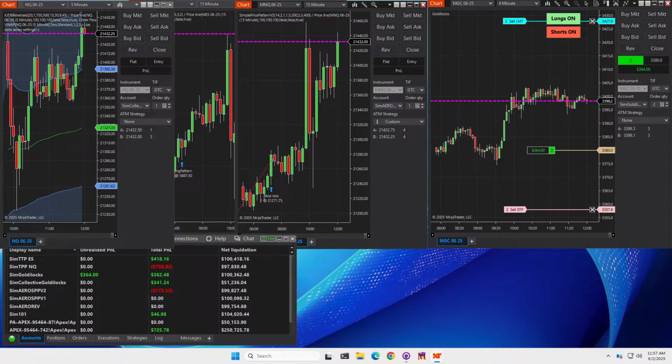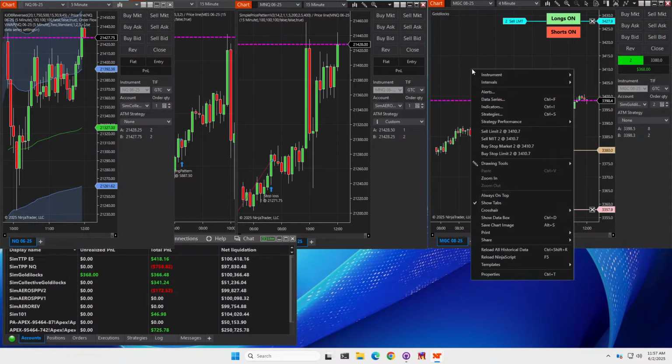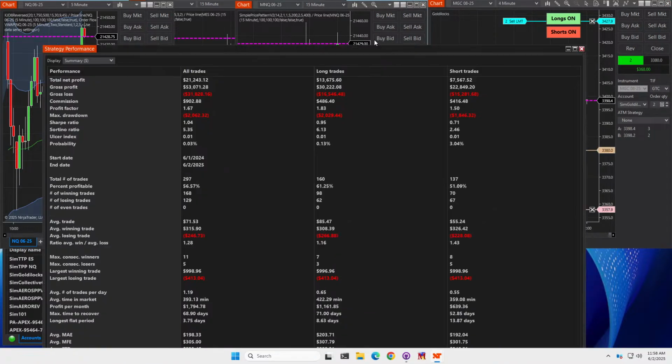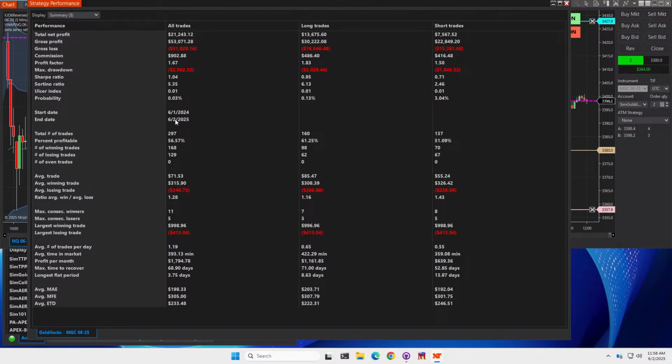Okay, D, I can show you. So this chart has a year loaded. This is the last June 1st last year to today of 21,000 with a $2,000 drawdown. Pretty nice profit factor. 56.57% winners.